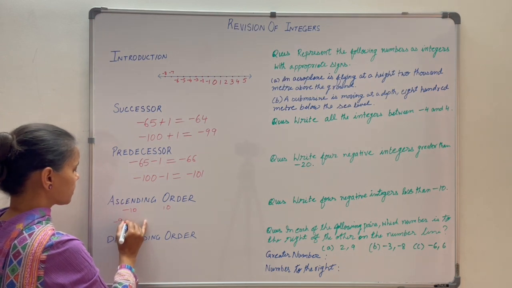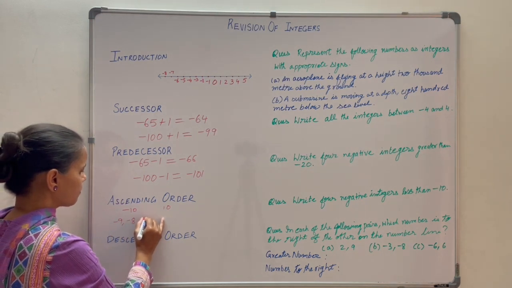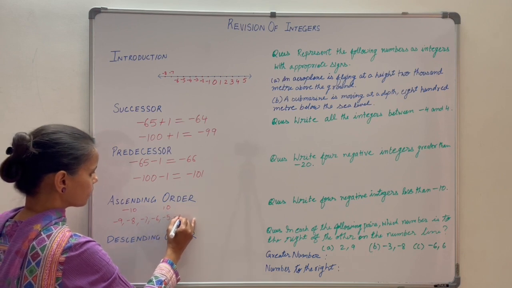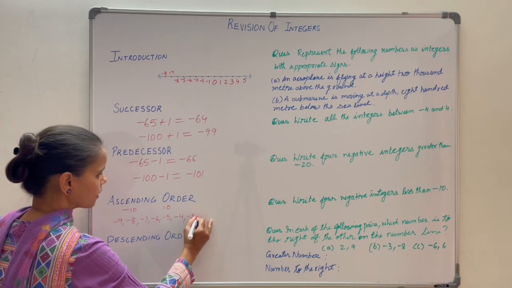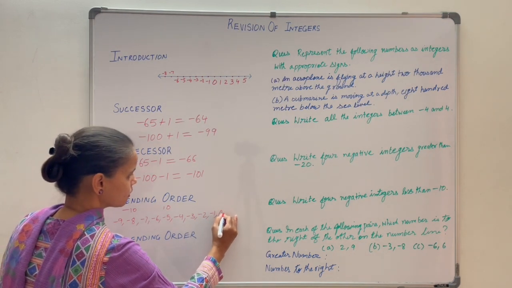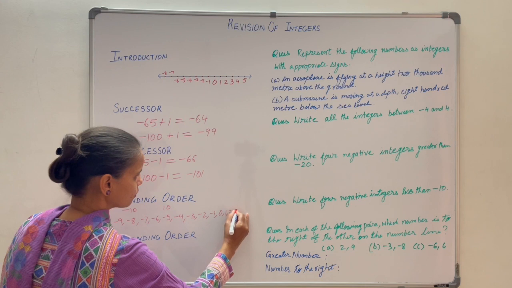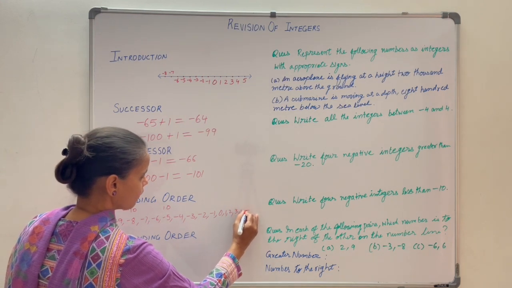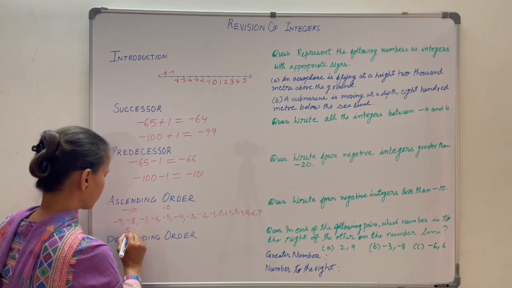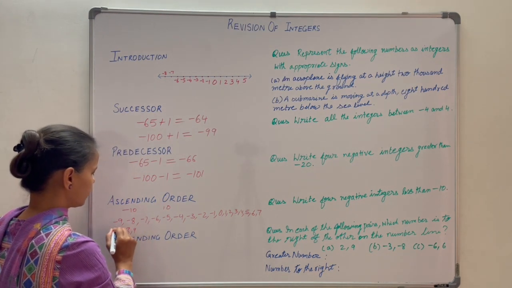So -9, -8, -7, -6, -5, -4, -3, -2, -1, 0, 1, 2, 3, 4, 5, 6, 7, 8 and 9.